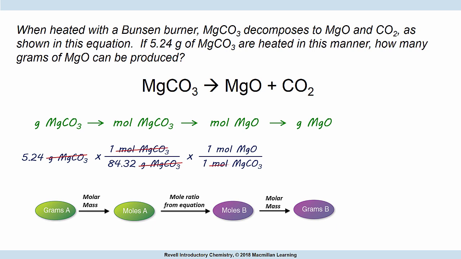The moles of MgCO3 cancel. Finally, we convert to grams of MgO using the molar mass: 40.31 grams of MgO per 1 mole of MgO. The moles of MgO cancel. This gives us a final answer of 2.51 grams of magnesium oxide.